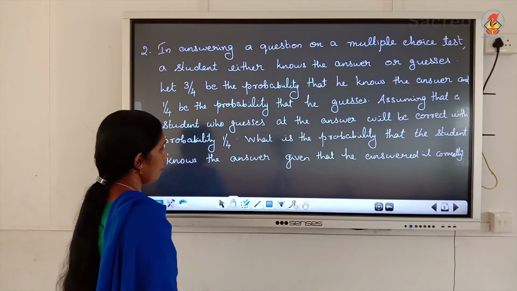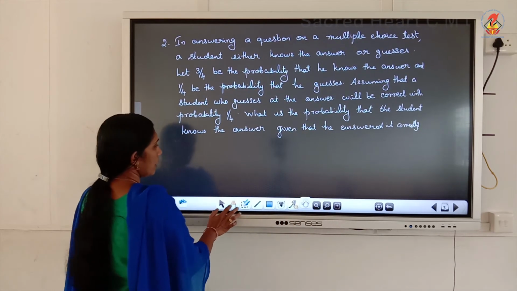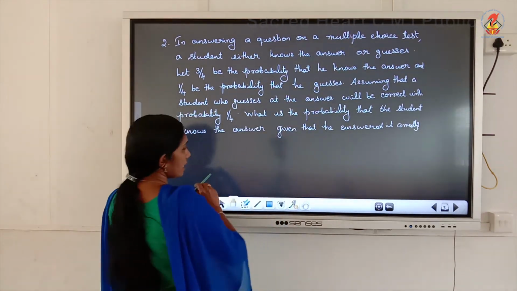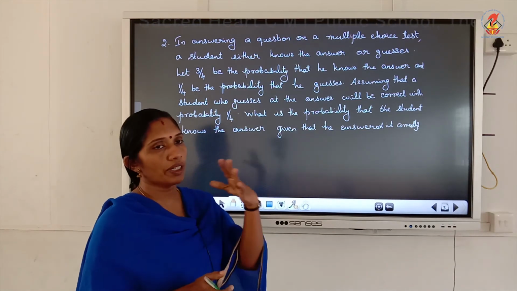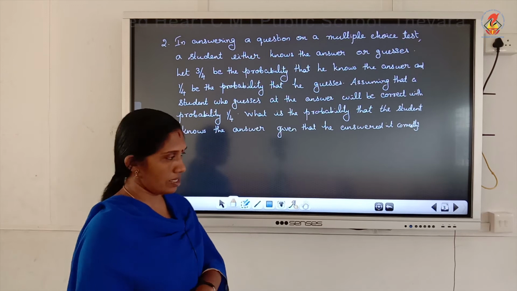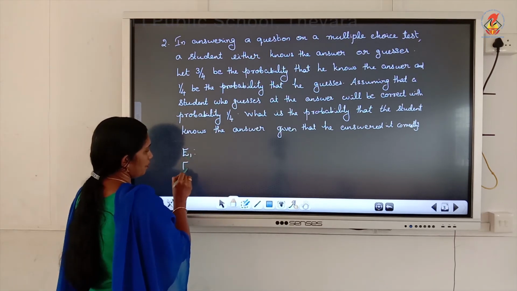Okay. So we define the events first. So here we have two cases. As in the previous question, where we had two bags, here the student either knows the answer or guesses. So we can define the events E1 and E2.